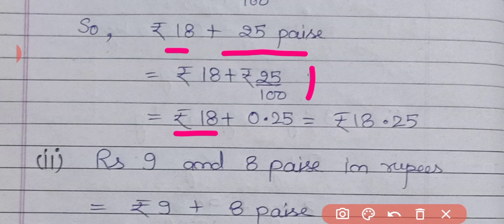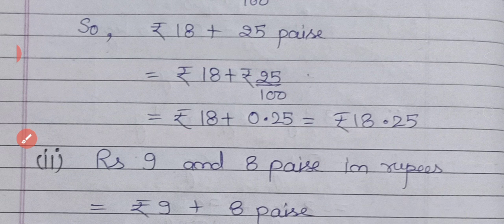Count the number of zeros in denominator, and same number of digits we will count in numerator, and we will put the decimal just after counting of 2 digits. So 1, 2 and put the 0. Decimal I have kept 0.25. So 18 plus 0.25 is equal to 18.25.